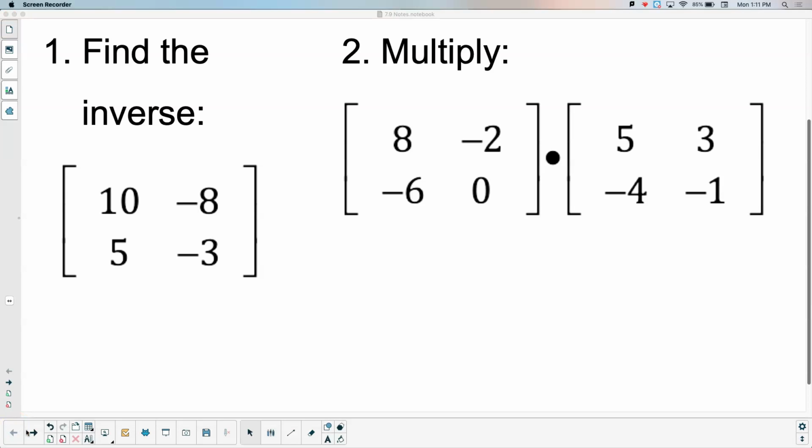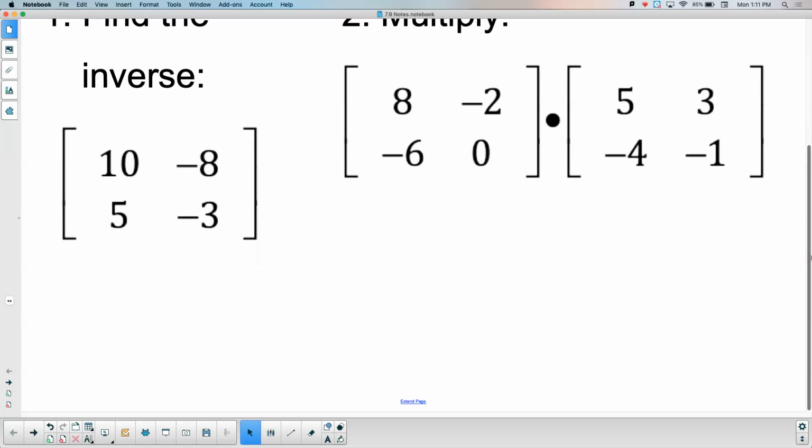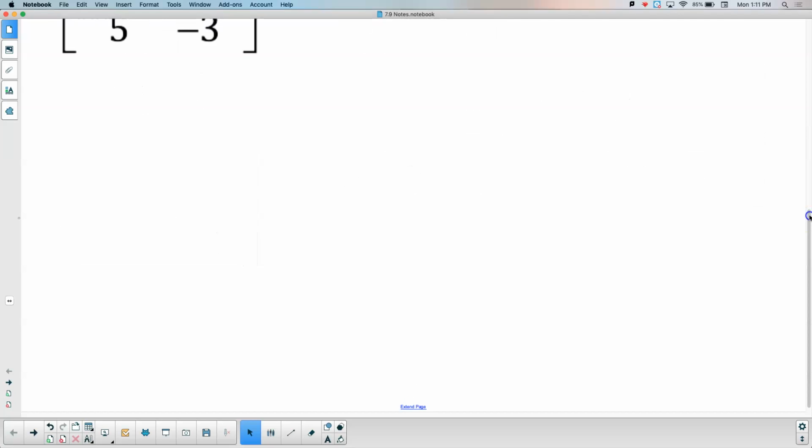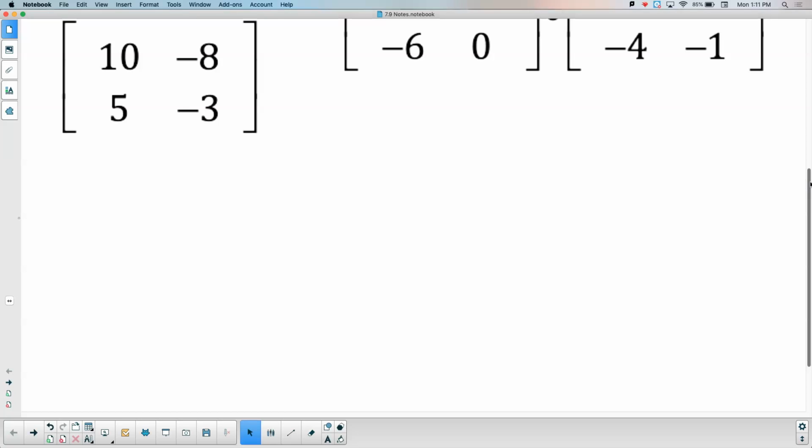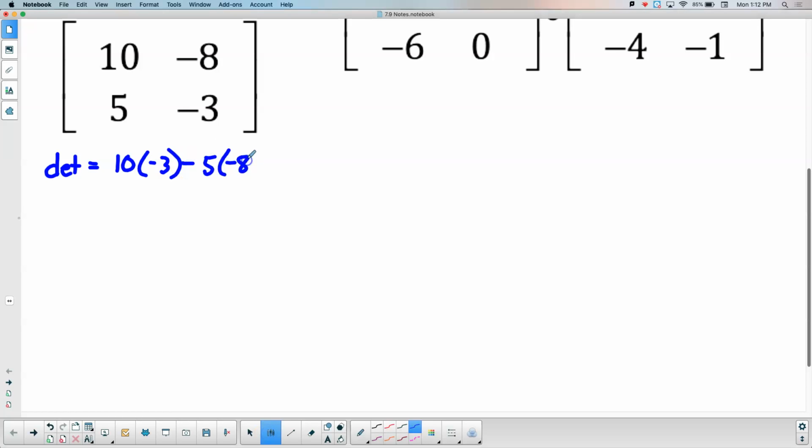Before we find the inverse, the first thing we've got to find is the value of the determinant. The determinant for this one is going to be 10 times negative 3, minus 5 times negative 8.